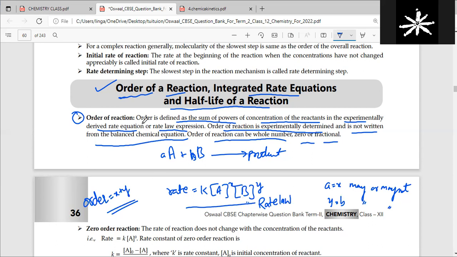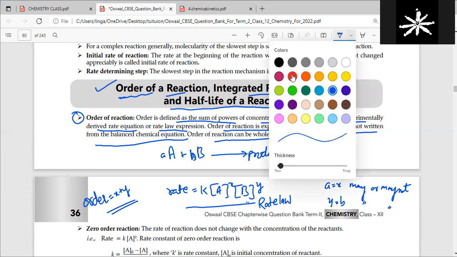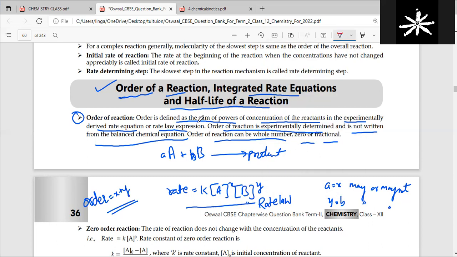Once again, you can see order is defined as the sum of powers of the concentration of the reactants. See, these are the reactants, these are the powers. Sum of the powers, this is the order, in the experimentally derived rate equation. This is the rate law as well as rate equation also, or rate law expression.